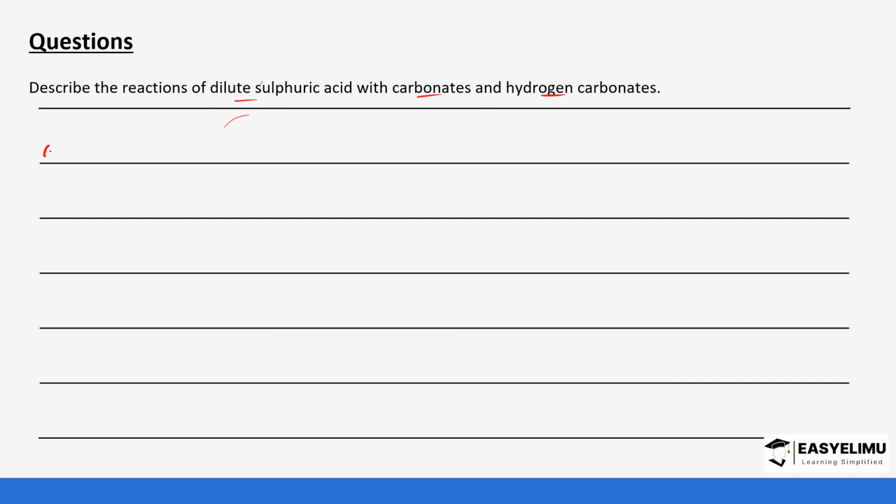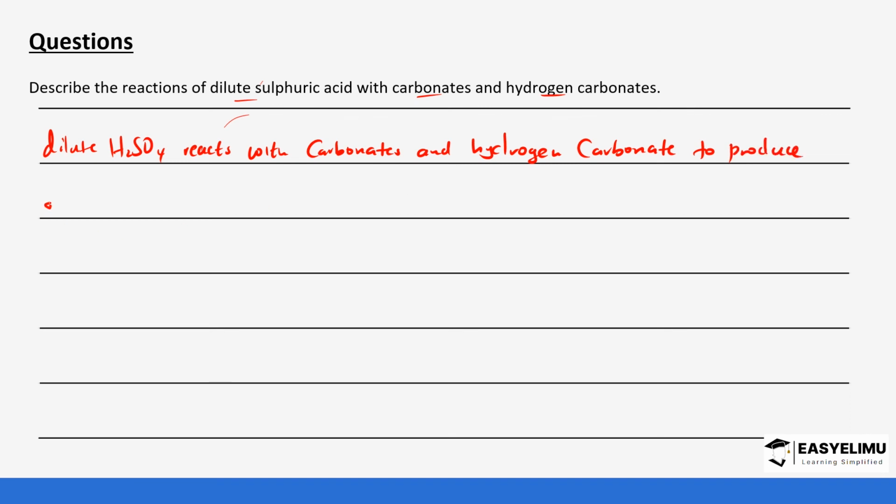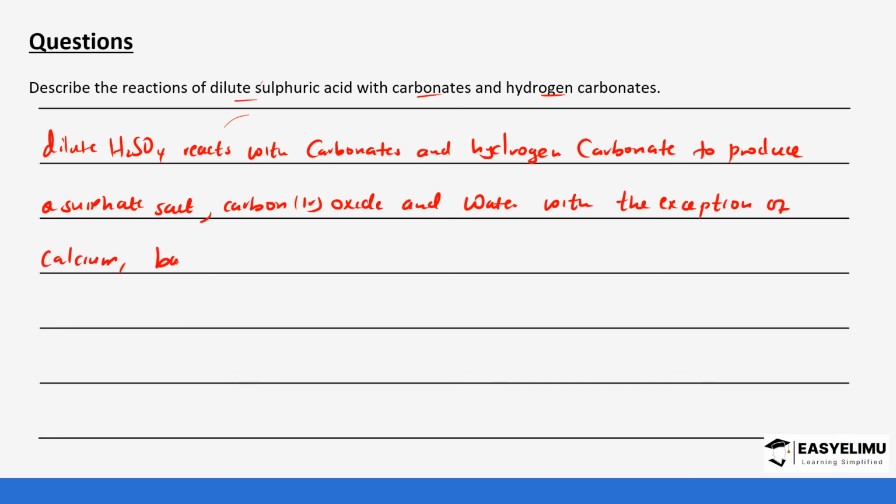Dilute sulfuric acid reacts with carbonates and hydrogen carbonates to produce a sulfate salt, carbon(IV) oxide, and water, with the exception of calcium, barium, and lead, which form an insoluble salt.